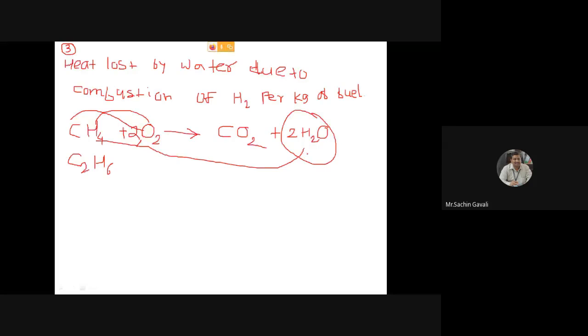It takes the heat from the combustion and gets converted into superheated steam. That is also acting as one of the losses. Everybody understand this? Hydrogen in the fuel gets combusted and forms water, and that water immediately absorbs the heat from the combustion and is converted into superheated steam. This acts as a loss for us.